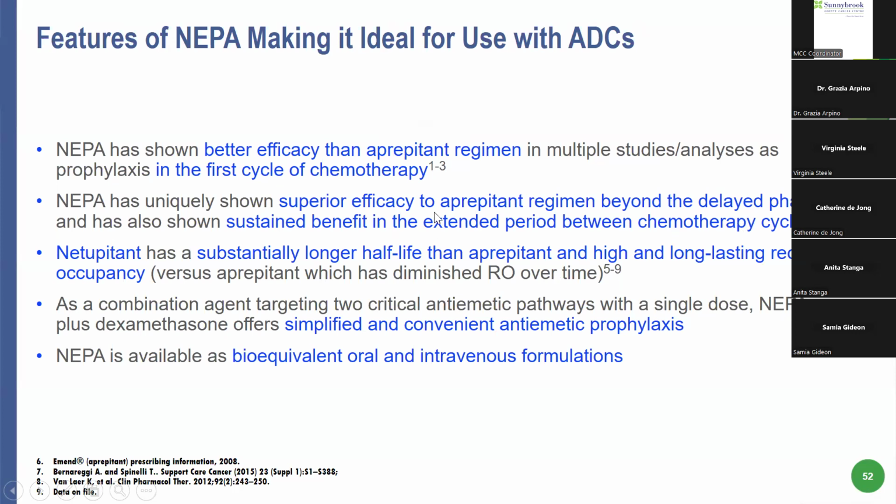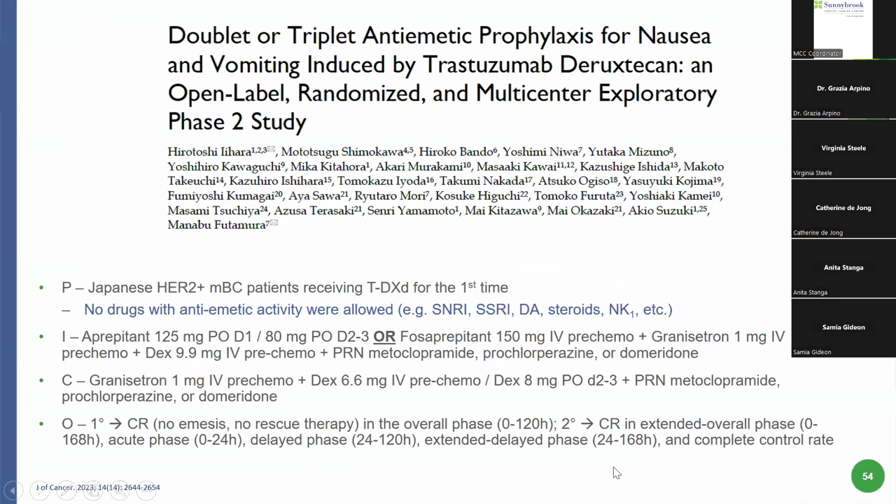This may be due to a longer half-life and a higher saturation of the receptors. And importantly, NEPA may be used as an oral and IV drug, and is very easy to use. It's very manageable and doesn't require further administration on the days after infusion.